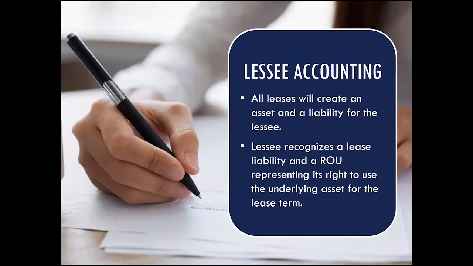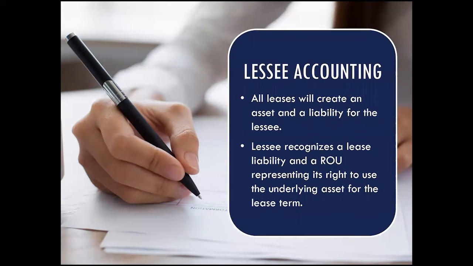Going on to the lessee accounting, how do these things actually make it on the balance sheet? We've gone through a lot of information here: identifying the leases, separating the leases between lease and non-lease components, defining what the lease term is, and the lease payments. So finally, the last step here is getting these things actually recorded on the balance sheet.